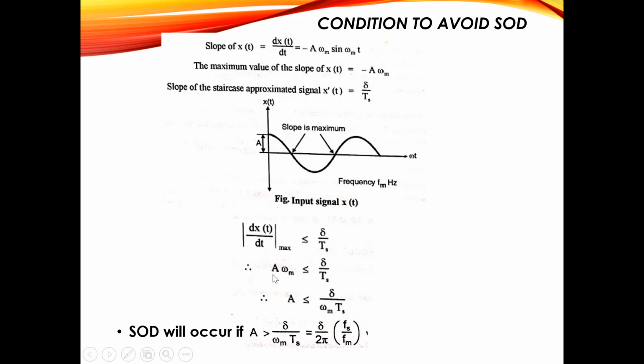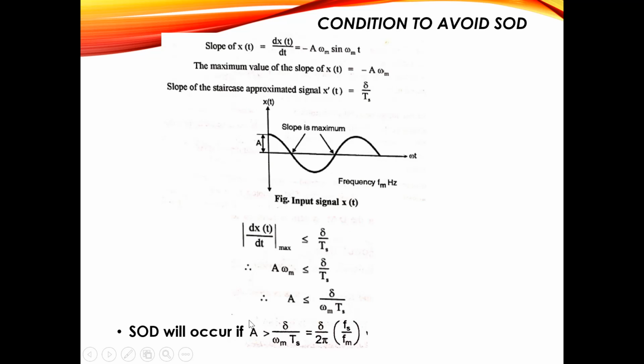So the magnitude of the derivative of x(t), that is A omega m that we have seen, should be less than delta divided by Ts. So A, the amplitude of x(t), should be less than or equal to delta divided by omega m Ts. This is the condition to avoid slope overload distortion in a delta modulator system.